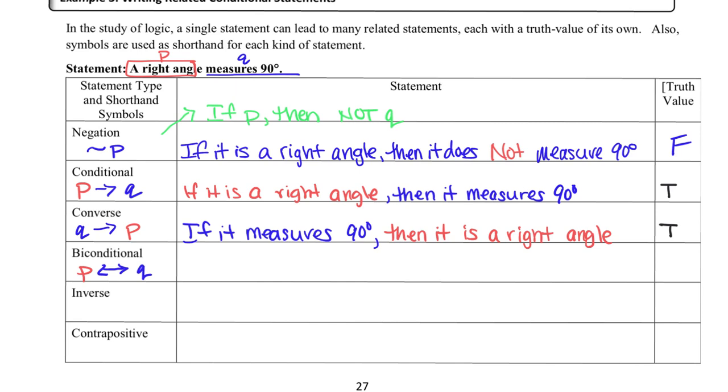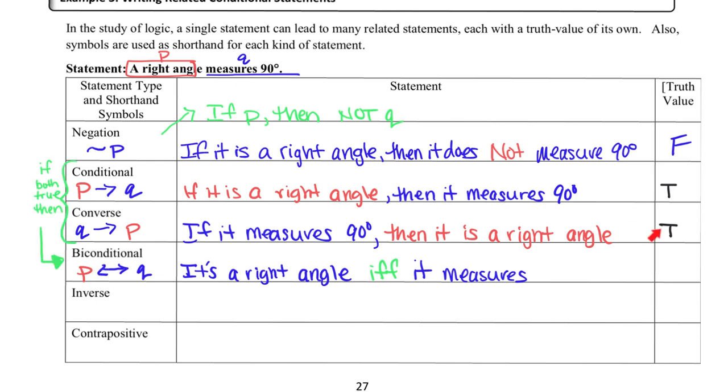So the biconditional statement would read, it's a right angle if and only if it measures 90 degrees. You can only write this statement if both the conditional statement and the converse are true. So you don't have to put anything in the truth value box. So anytime you're using a biconditional statement, you would use the if and only if.